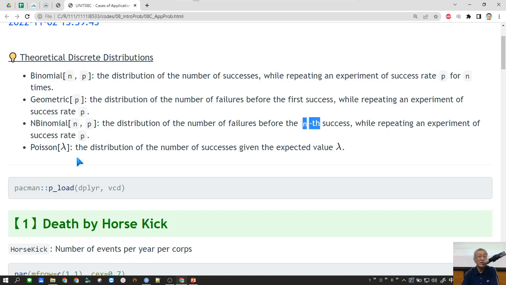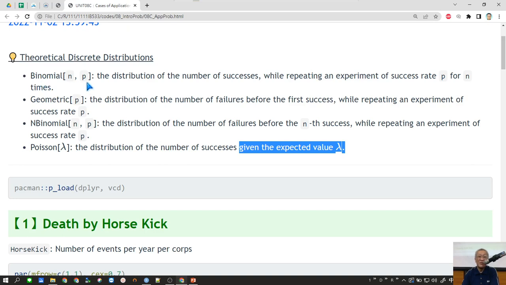And then there's the Poisson. Poisson is the distribution of the number of successes given the expected value lambda. There's only one parameter. This is a very interesting distribution: the expected value is equal to its variance, equal to lambda. It's actually a simplified binomial distribution.